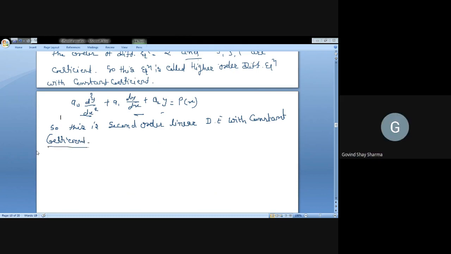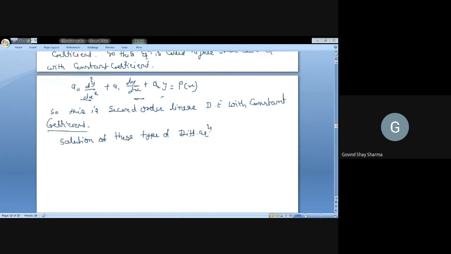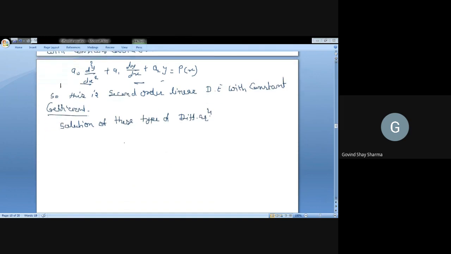Then the solution of this type of differential equation: this is one part of the differential equation and this is another part.